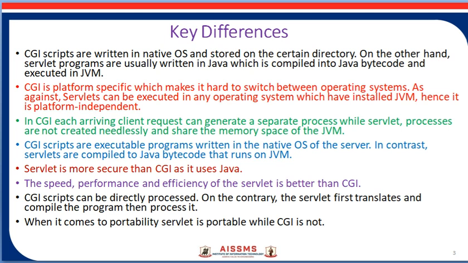The speed, performance, and efficiency of servlets are better than CGI because of all the Java features. CGI scripts can be directly processed. On the contrary, servlets first translate and compile the program, then process it, because we need to take the help of the JVM. It must be converted to bytecode, and then that is interpreted by the JVM.